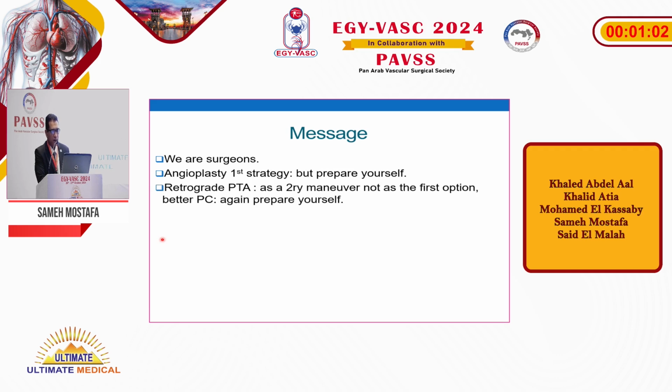Retrograde PTA, we use it and recommend it as a secondary maneuver when you fail to pass from above, but not as a first choice, because it has a higher reintervention rate. So prepare yourself when you use it for higher reocclusion rate and higher reintervention. When you have a young fit patient, surgery will be the first choice because it is durable.